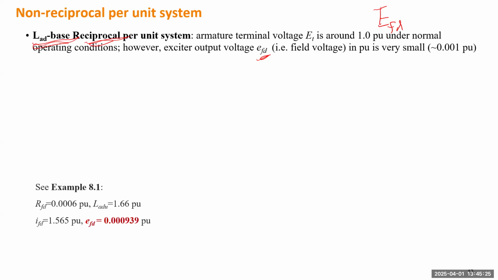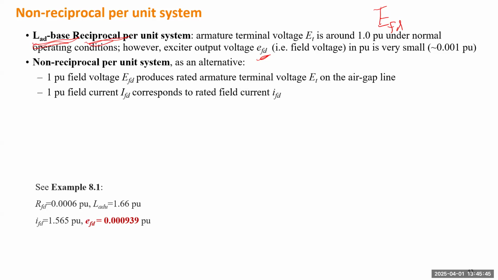For instance, if we go back to the example of the same generator we calculated before, taking that value, the EFD will be 0.000939. That's very small. So we want to take an alternative, which is a non-reciprocal per unit system.